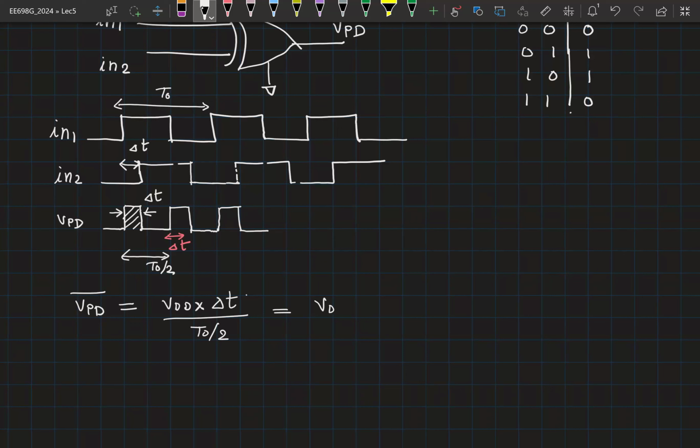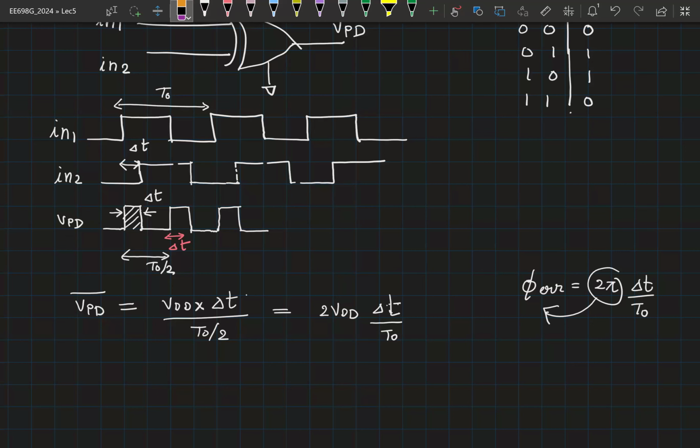So let me take VDD by 2 to one side. What can I write delta T by T0 as? So it should be 2 VDD. All right, 2 VDD. So phi error was equal to 2 pi by T0 into delta T. Right? So wherever I see delta T by T0, I can simply take 2 pi to this side and replace it as phi error by 2 pi. So I replace this.